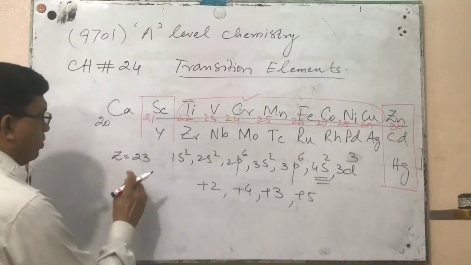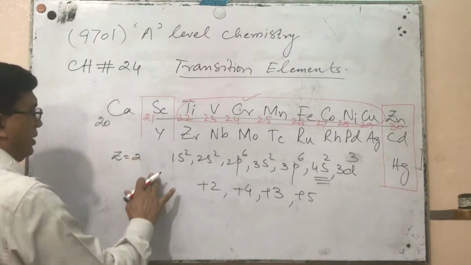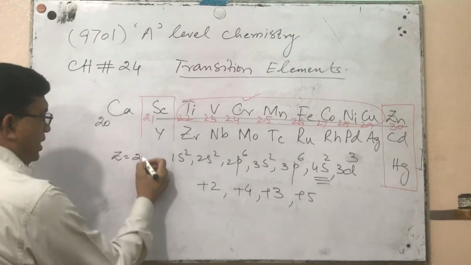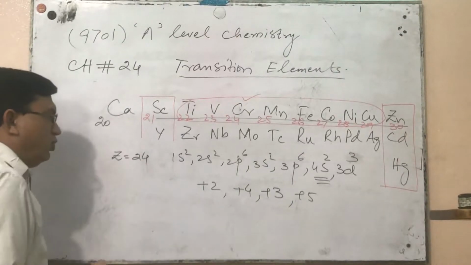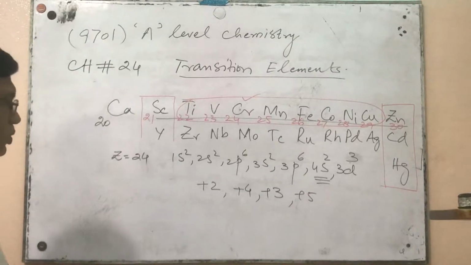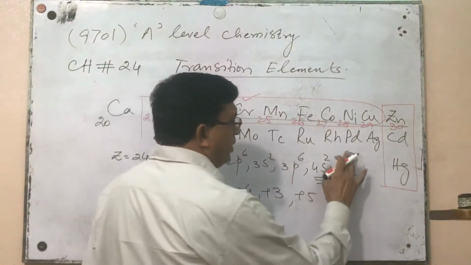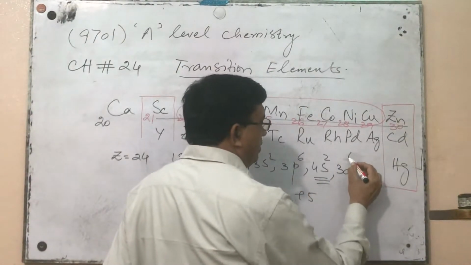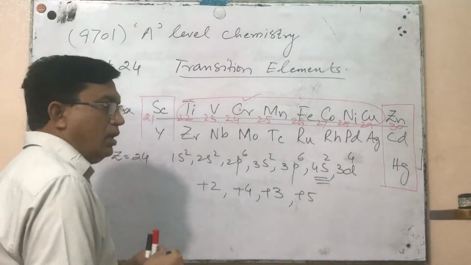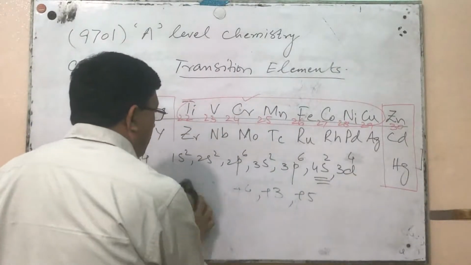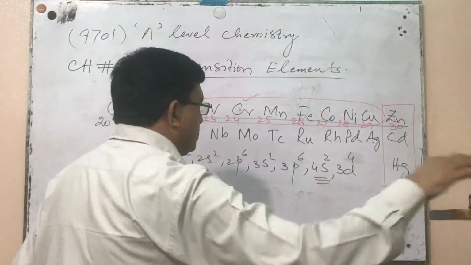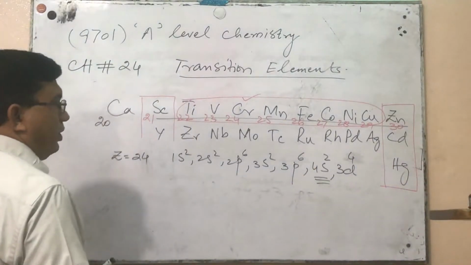Now, if we look at chromium, a different scenario will be produced with proton number 24. Definitely there will be 4 electrons in the d orbitals. Now, here another situation is created.